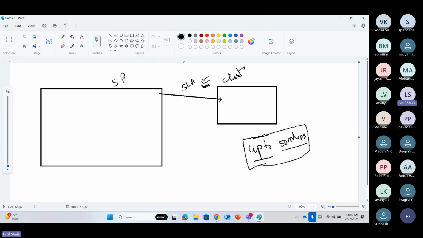It depends upon the client and service provider, what type of service and the seriousness of the service, the impact, the business value. Based on that, the priorities are designed, and based on the priorities, the response and resolution times will be mentioned in this SLA.